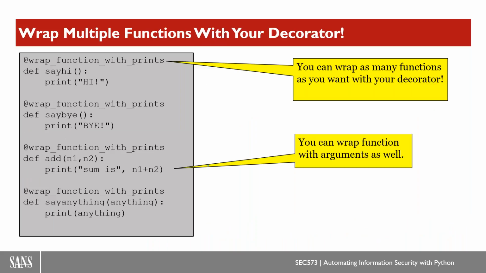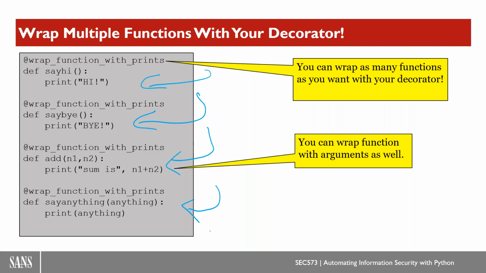Okay. Now, once you've got that decorator, it makes it very easy to wrap print functions around lots of functions. So here I can just go through my code. I create the decorator once, and then I can wrap the say hi function, and I can wrap the say bye function, and I can wrap the adds function, and I can wrap the anything function.